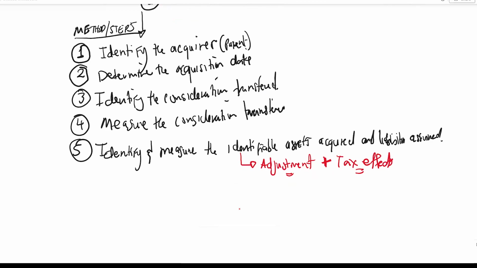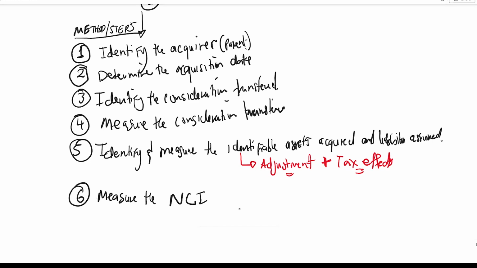So that was step number 5. We go to step number 6. Now measure the non-controlling interest, in short NCI. Remember we said if you do not own 100% of the company, it means there are other owners.